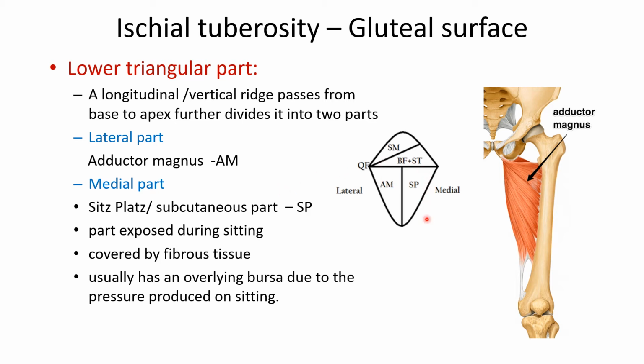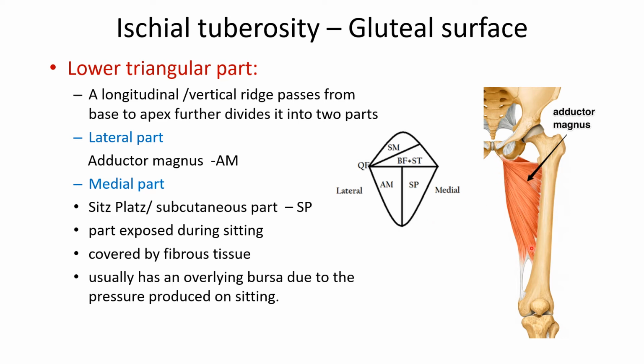And there is the medial part. This medial part is the subcutaneous part. This is the part on which one sits, and it is covered by fibrous tissue, and an overlying bursa will be there in relation with this part, which is produced because of the pressure on sitting.